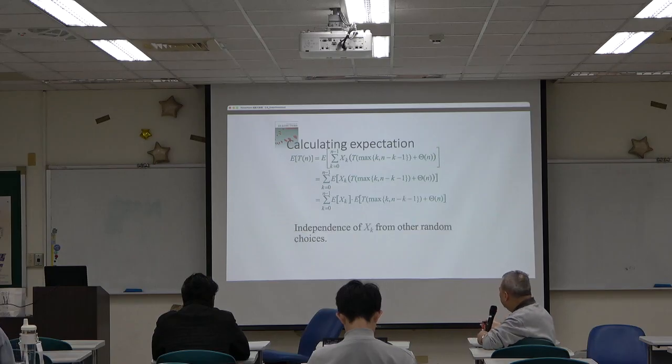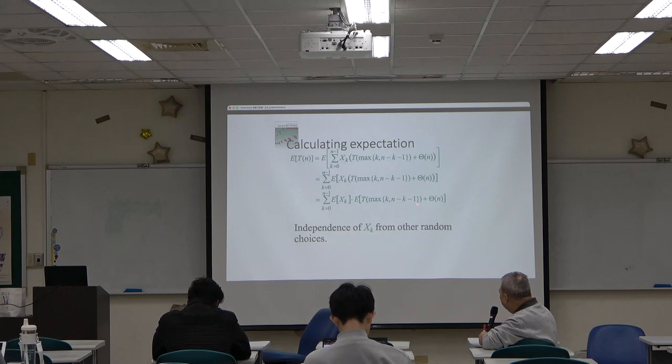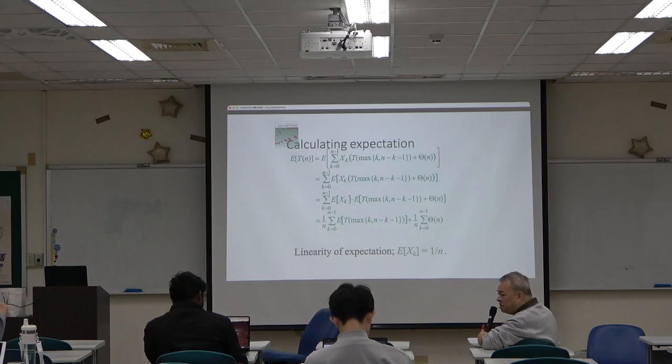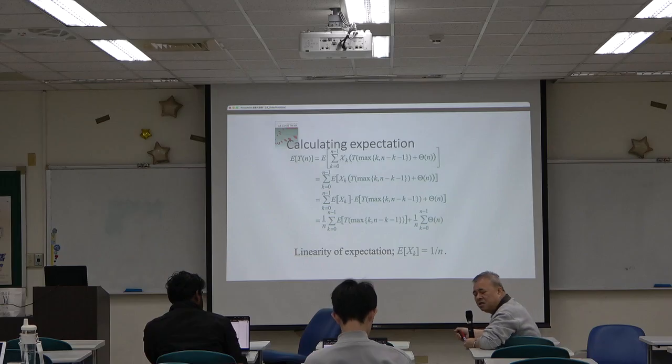And then, again, we put the expectation into each term. Because the xk is independent from other random choices, it eventually becomes something like this. First, the right hand side, the second term obviously is just theta. Okay, and this is similar to what we did for the quick sort.